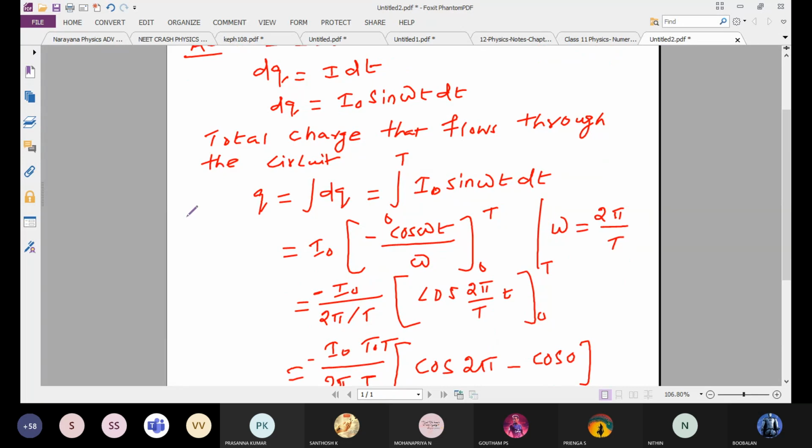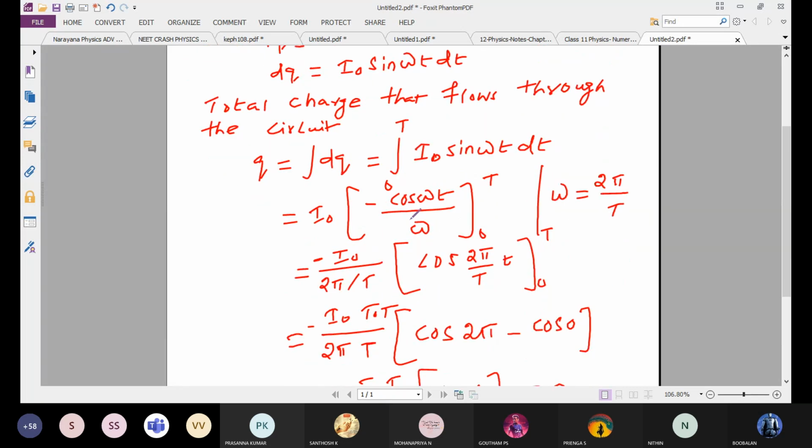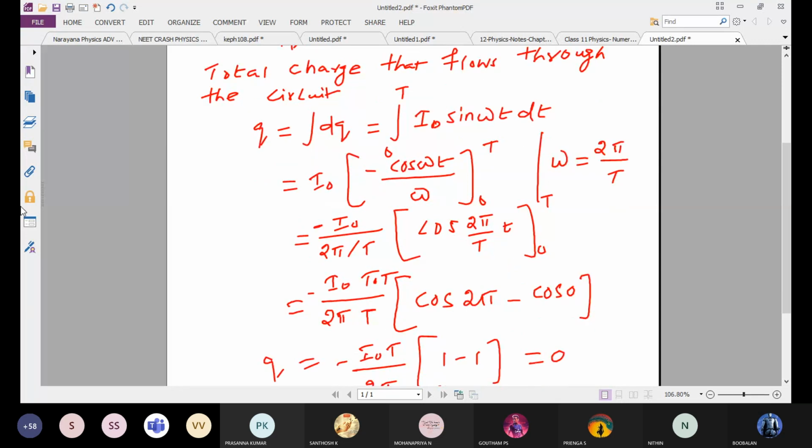After the integral you will get minus cos omega t divided by omega. Here omega equals 2 pi by T, so instead of omega I apply the value 2 pi by T into small t. Now applying the values, upper limit minus lower limit.